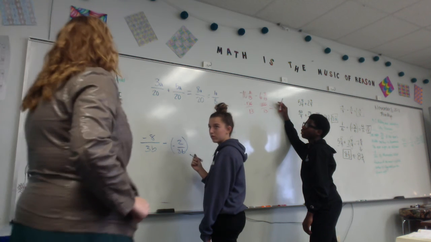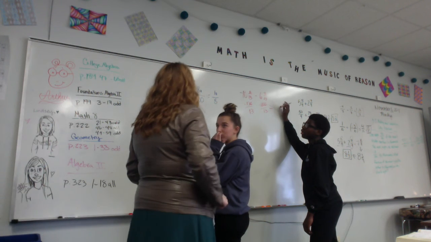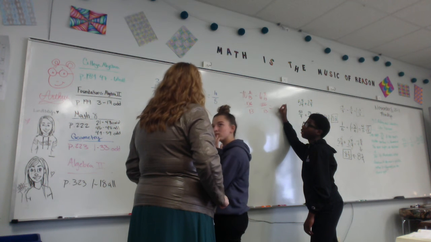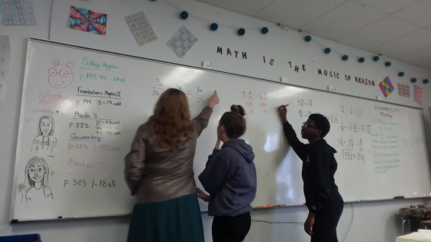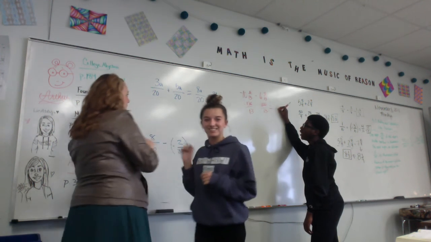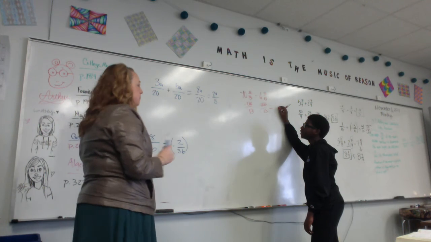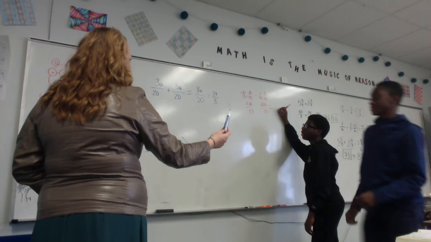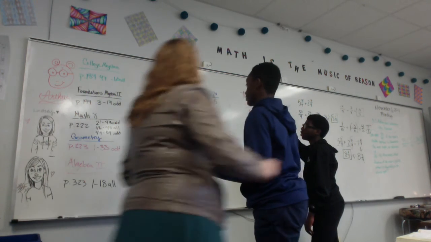4 goes into both. 20 divided by 4 is 5. So you have negative 136 over 13. Let me double check.